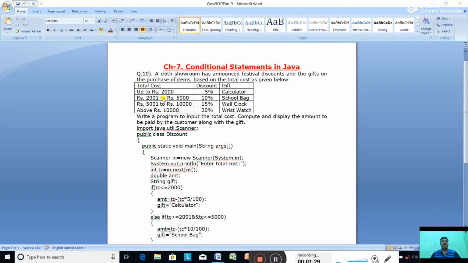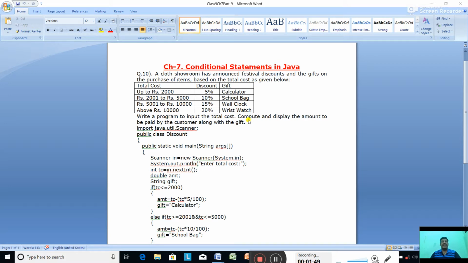And if the total cost is above rupees 10,000, then a discount of 20% and a wristwatch.